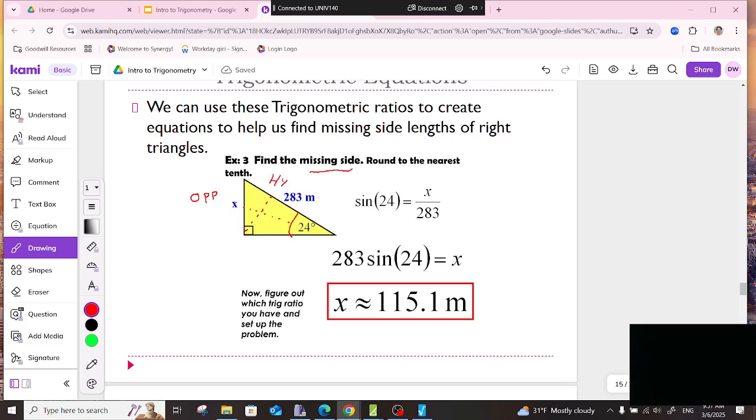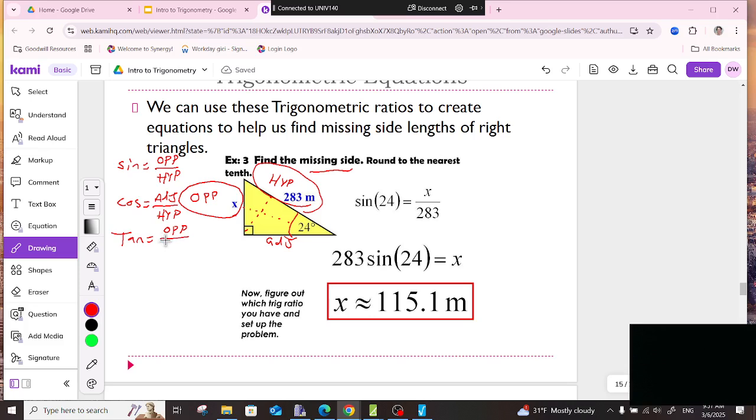And then what is adjacent is here, but I don't really care because there's no number, there's no letter. Here's opposite, here's hypotenuse. That's how I knew I would use sine. I would look up my sine equals opposite over hypotenuse, right? Cosine is equal to adjacent over hypotenuse. Tangent is equal to what?